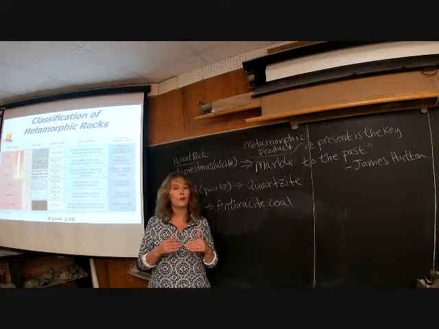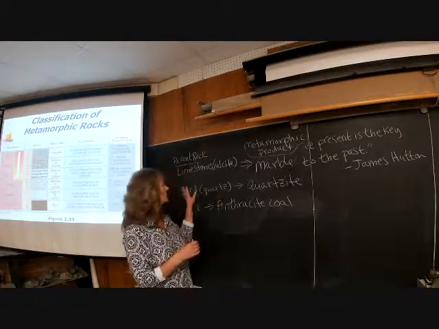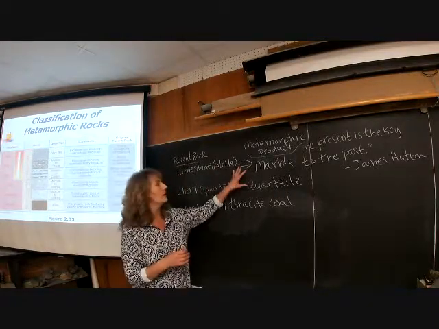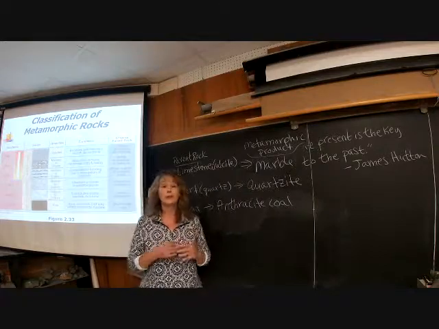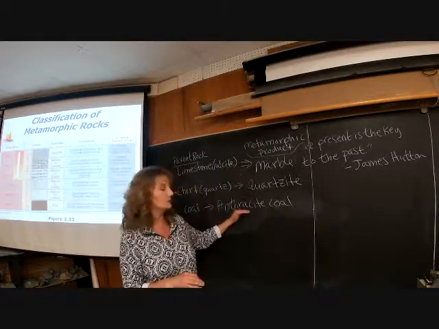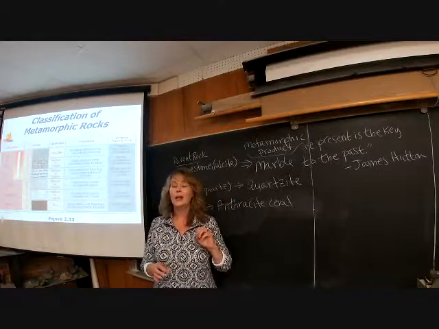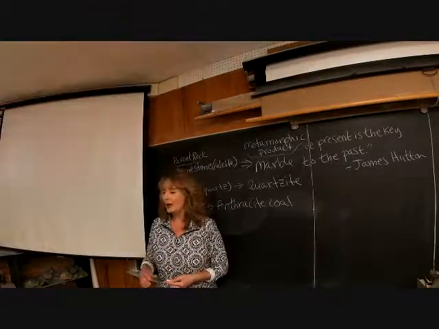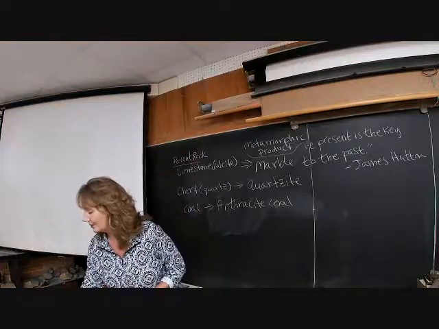So there's no foliation. So limestone, quartzite, marble here, they're not going to have foliation. No foliation here, equidimensional. It was our slate and our schist, it went away real quick there.